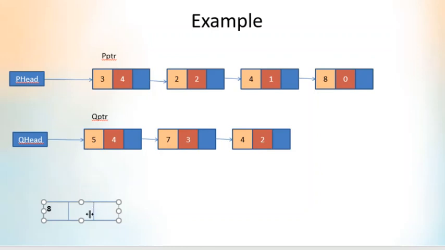Now what should be written in the exponent part? Exponent part is same for both, so either p pointer exponent or q pointer exponent. So here exponent is 4. So the first node in the polynomial is added, and in the first node the next part is null.